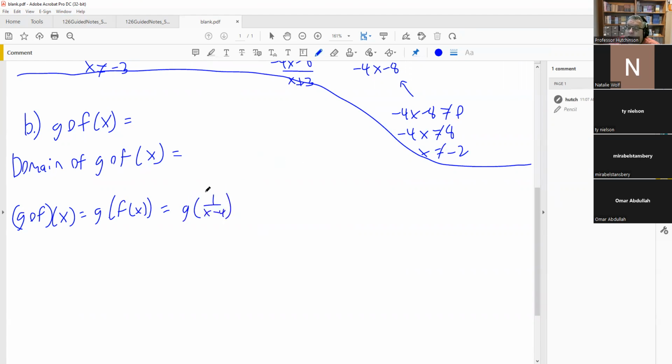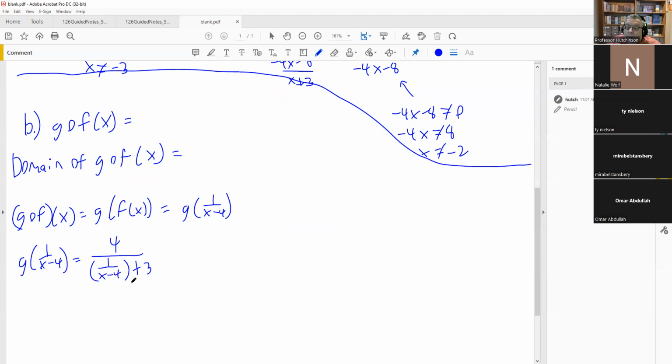So I want to do g of 1 over x minus 4. My original function for g was 4 over a blank plus 3. The blank is going to get filled in with 1 over x minus 4, just like that.